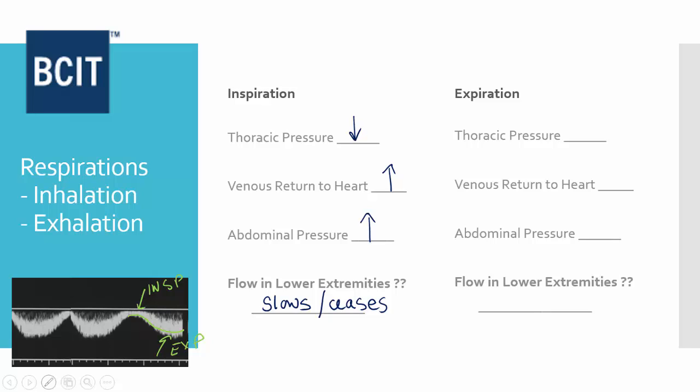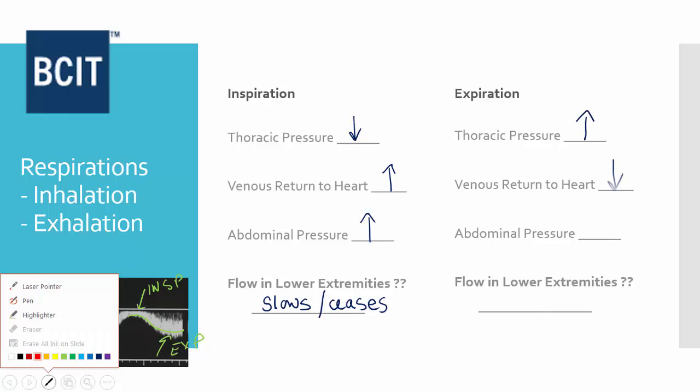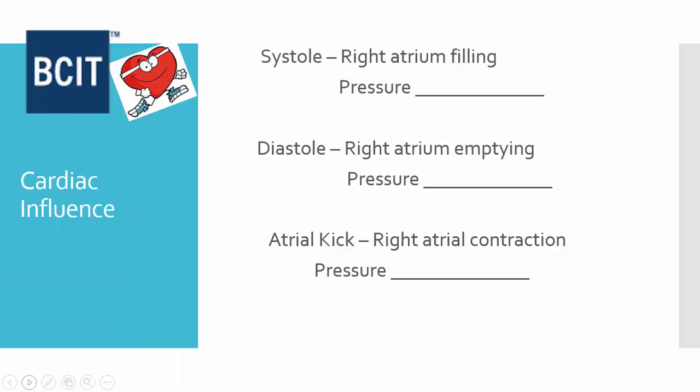The thoracic cavity is getting smaller, and this increases the pressure. Venous return to the heart decreases, but our abdominal cavity is now larger and pressure is reduced. So flow in the lower extremities actually starts to increase.